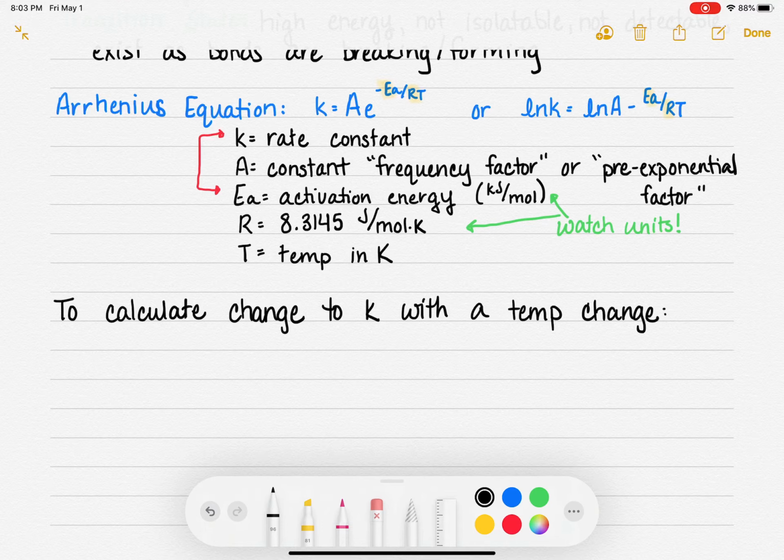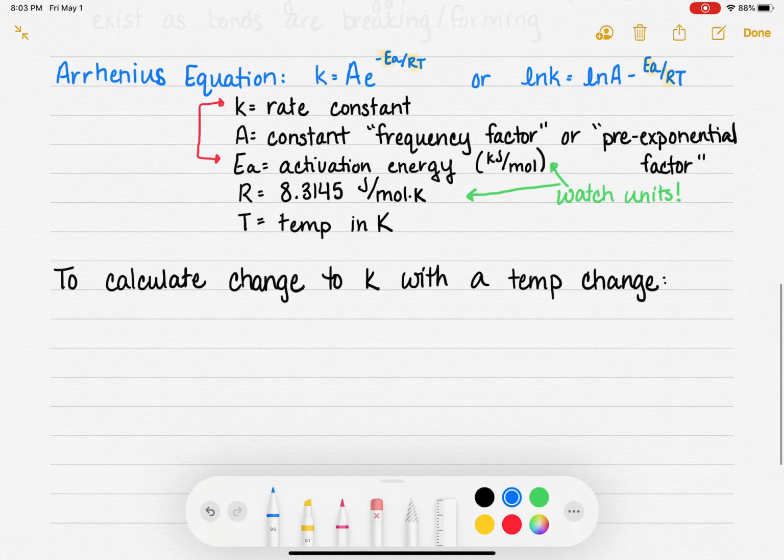And then we wanted to know if we changed the temperature to something else, what would K be? So if we wanted to look at the comparison of two different temperatures and two different rate constants, we could use another version of the Arrhenius equation that allows us to combine these multiple K's and T's together.